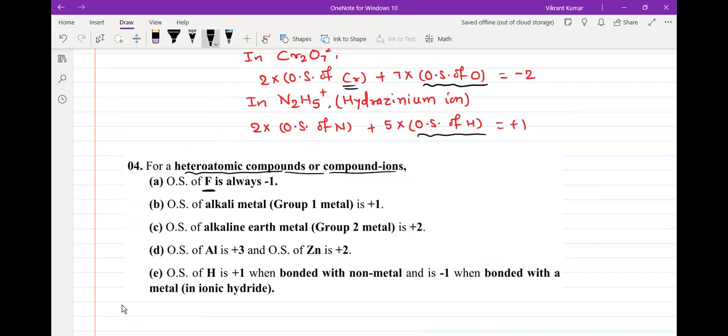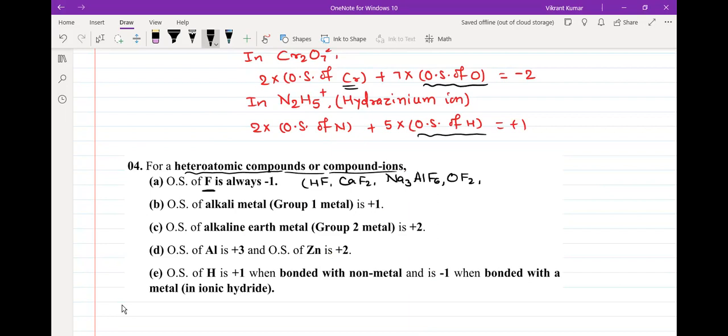F is the most electronegative atom which forms only one bond. एक ही बॉन्ड बना रहा है and it is the most electronegative, तो it will always get -1. And that's why any compound, जैसे कोई भी बोल दे HF में बताओ, CaF2 में बताओ, कितना भी कॉम्प्लिकेट कर दे, Na3AlF6 में बताओ, OF2 में बताओ, कहीं भी ऐसा कुछ कर दे, will say F is in -1 सीधा.